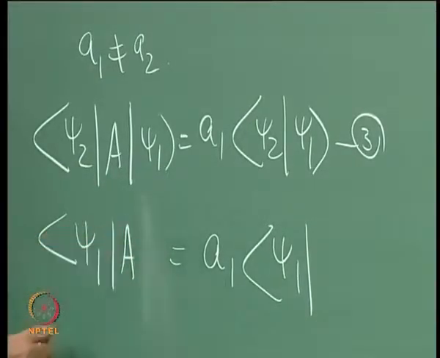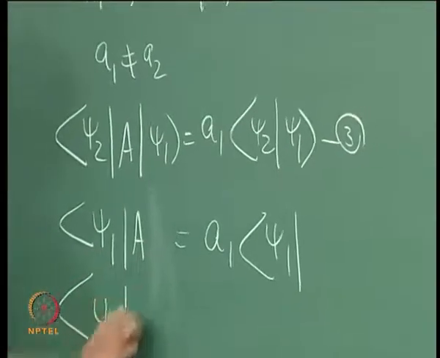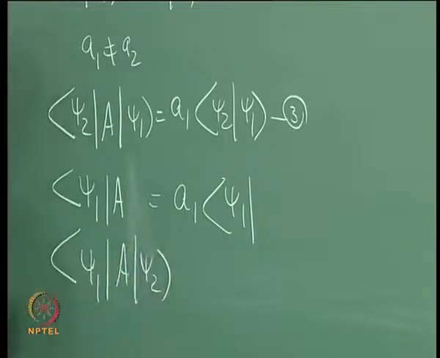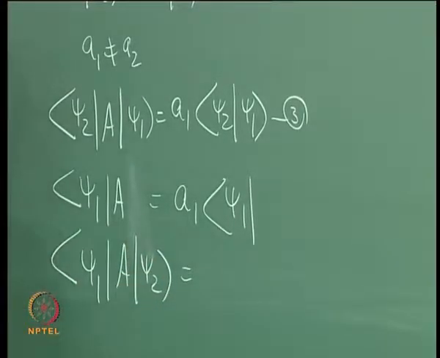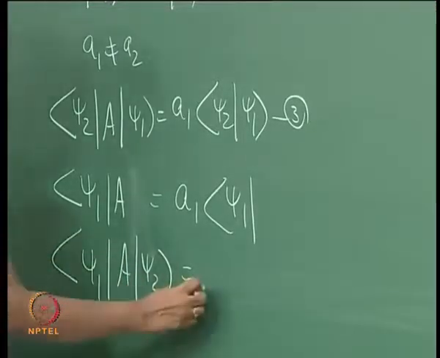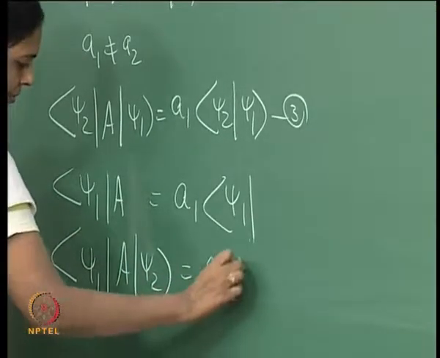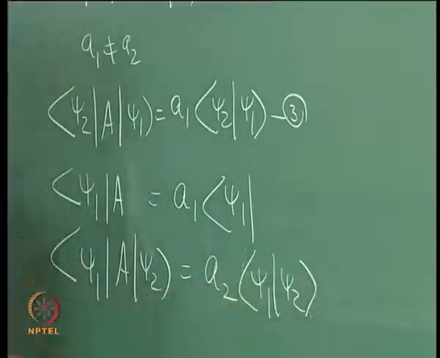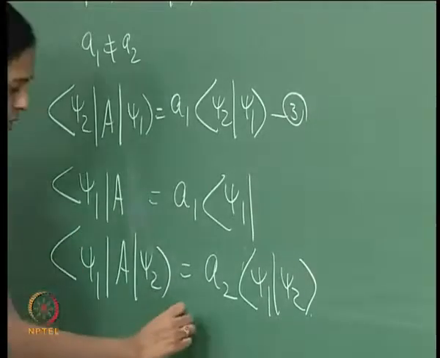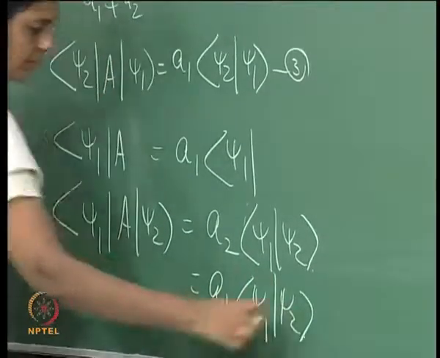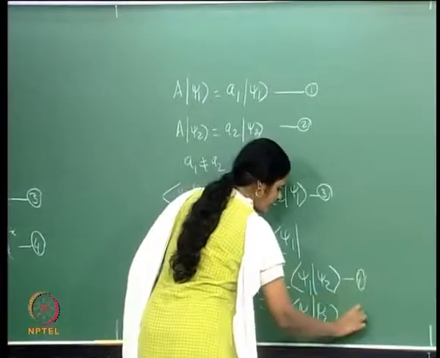Now, I could well do <psi1|A|psi2>. A psi2 is a2 psi2. And <psi1|A is a1 <psi1|. So, I have these two equations.